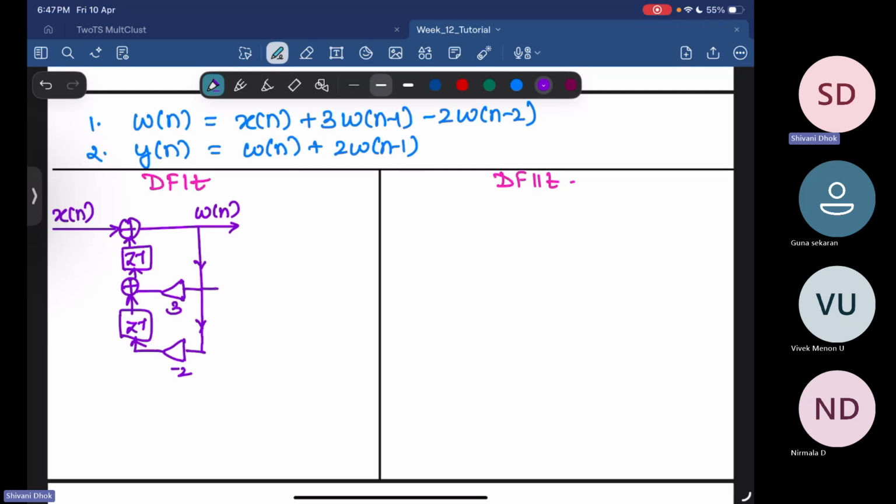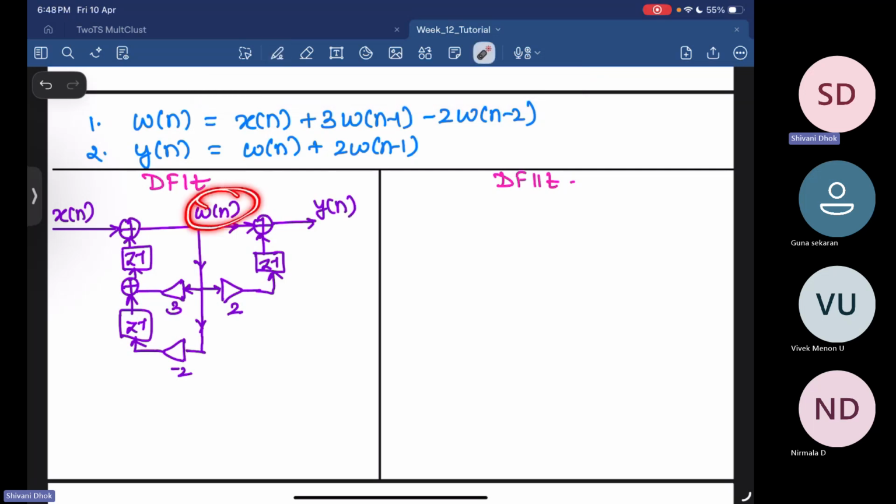So you can take out a branch from here, multiply it by 2, add it with w of n, but now this should be delayed by 1 unit like this. So this is your y of n. So your y of n is w of n plus 2 times w of n minus 1. So this is basically your y of n, that is your direct form 1 transpose representation.